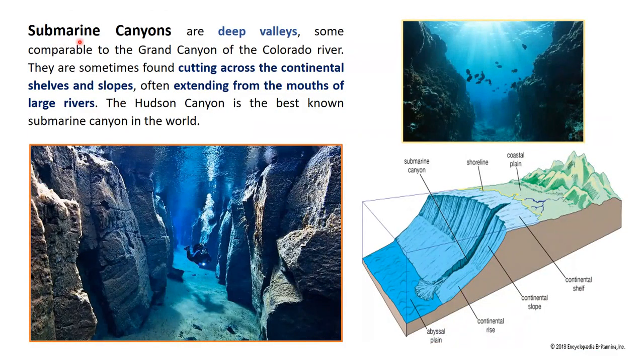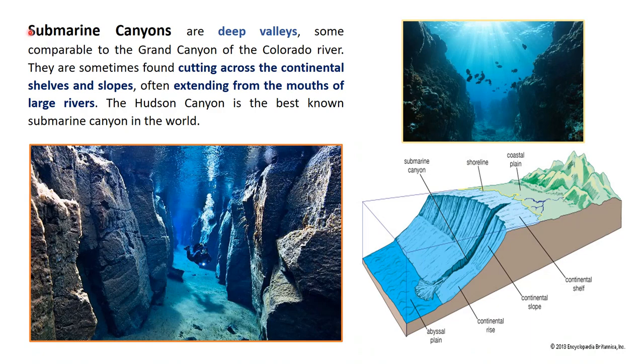This is an important feature of the continental margin. We have the submarine canyons. They are deep valleys, okay, and sometimes they are comparable to the Grand Canyon of the Colorado River. So they are like canyons, alright, but they are found under the water.